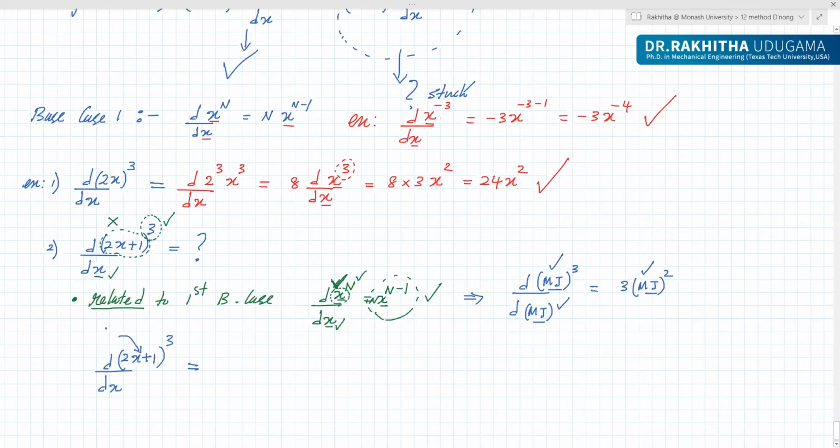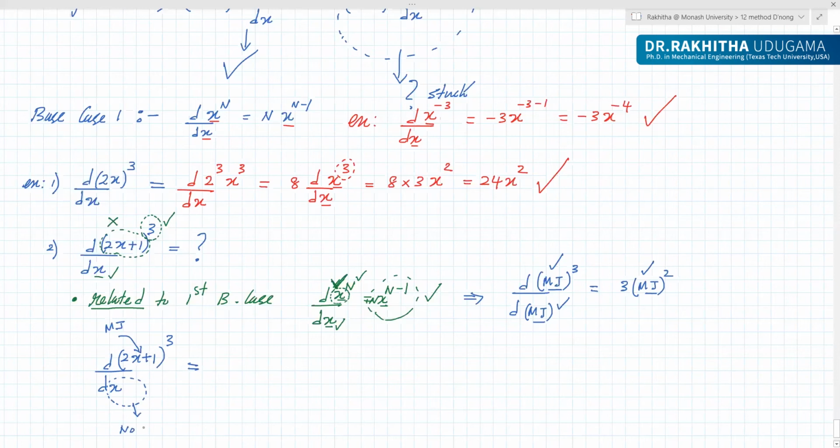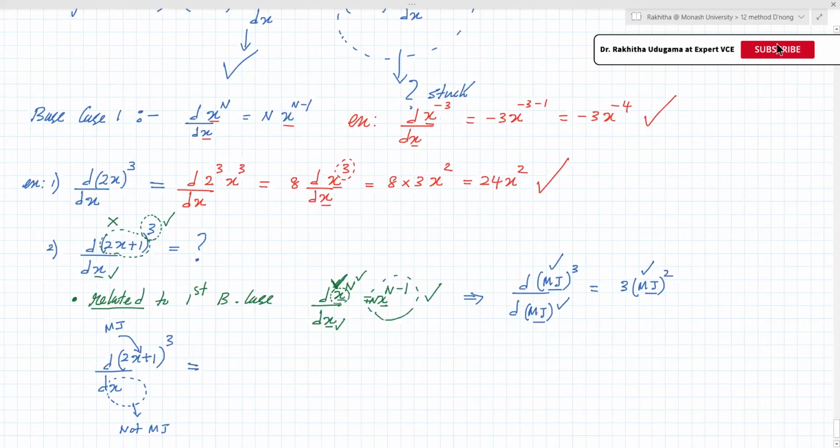Here, you will have Michael Jackson. This is MJ, say for example, but this is not MJ, right? Clear? Yeah. This is not MJ. Because if you have MJ here and if you have MJ here, your game is over, right?